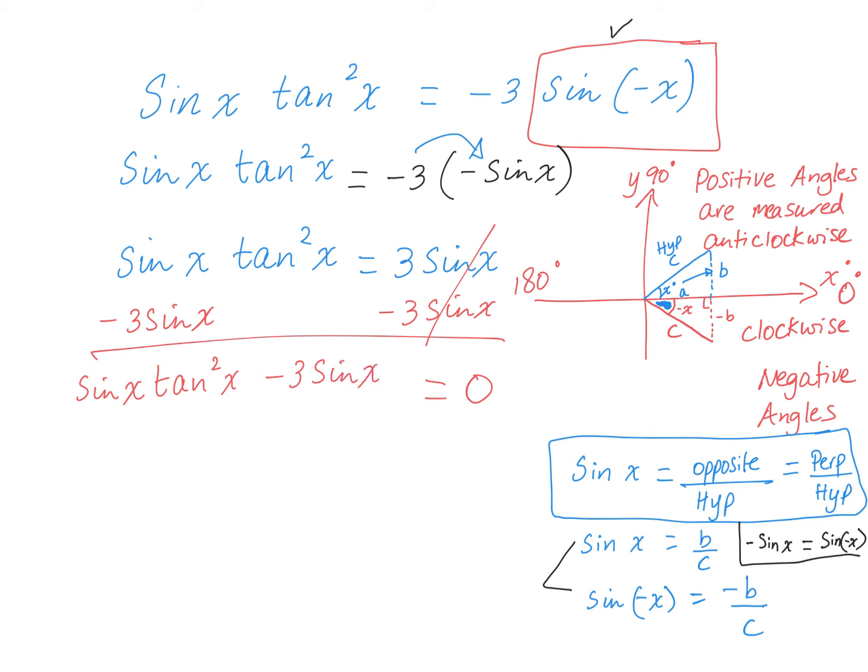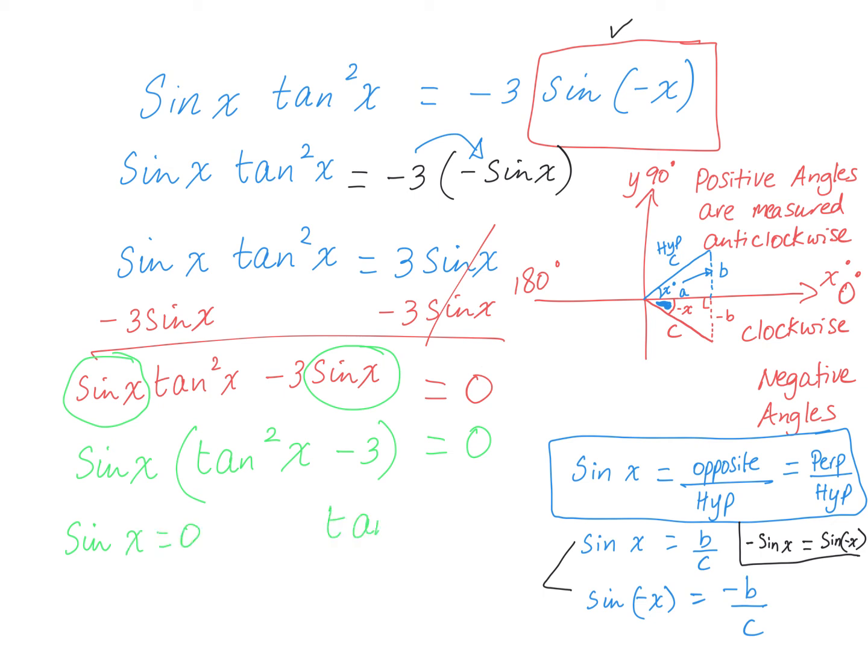And then we see that sine x can be factored. So if I factor it, I will have sine x times tan squared x minus 3 is equal to 0. Then I can solve further from here. So sine x is equal to 0, or tan squared x minus 3 is equal to 0, and then I get tan squared x is equal to 3.